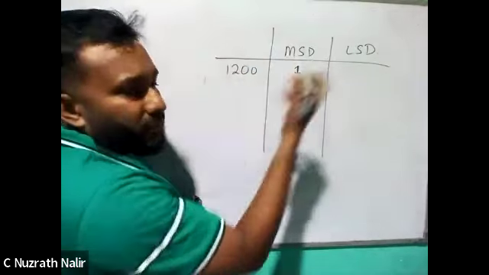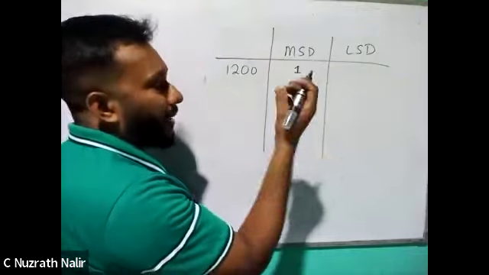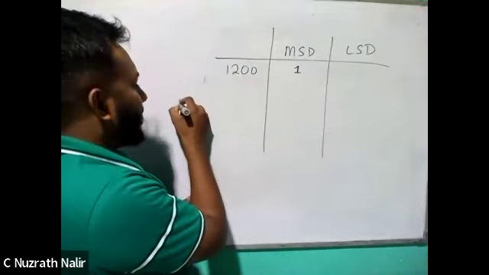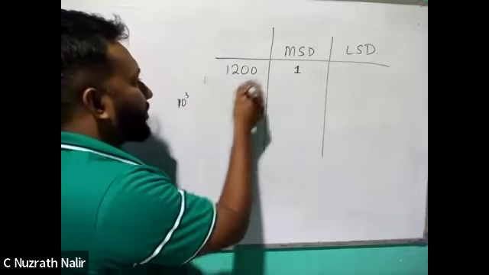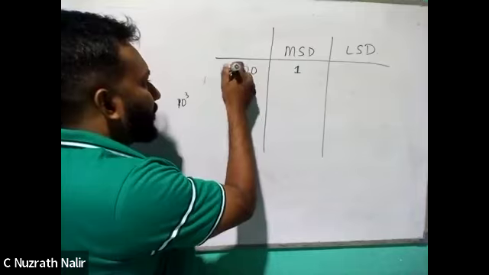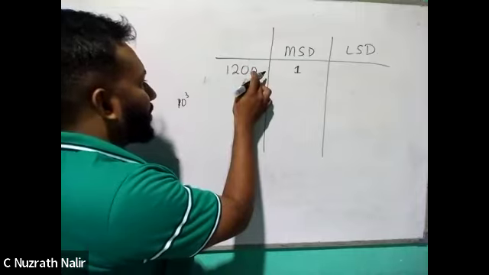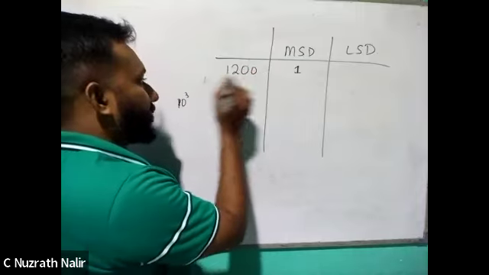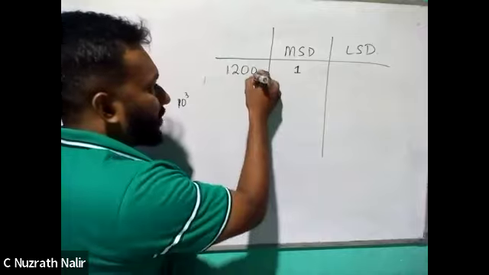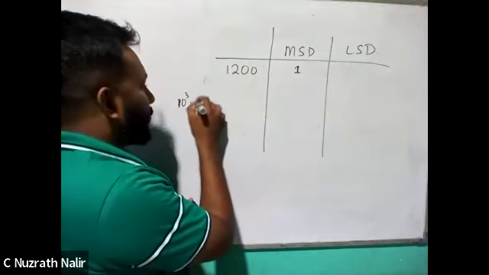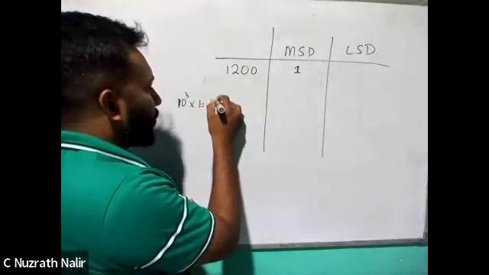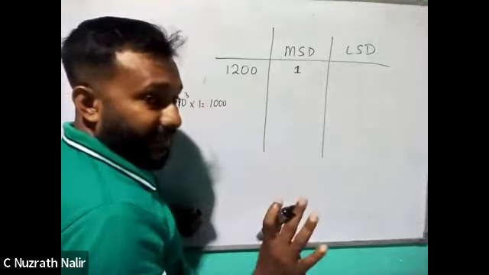What is the meaning of most significant? 1 has the value 10 to the power 3. 1, 2, 3, 4 positions, so the rightmost is 10 to the power 0, and then 10 to the power 3 into 1. The value is 1000. Is this clear, my dear students?